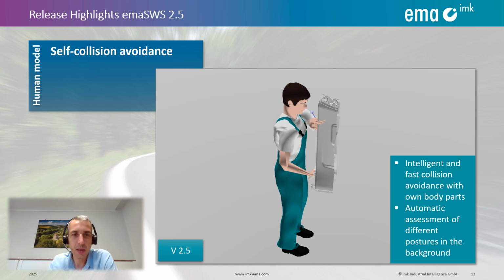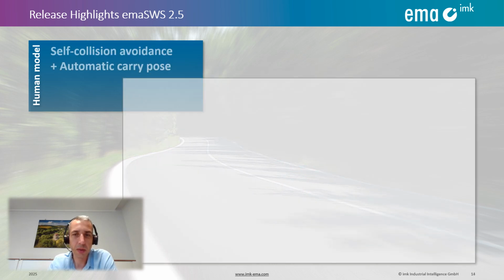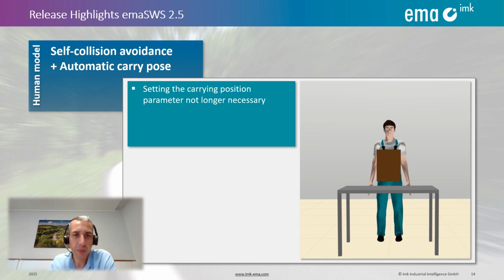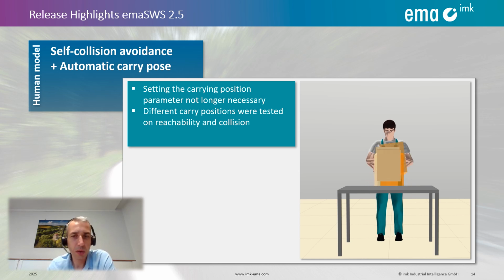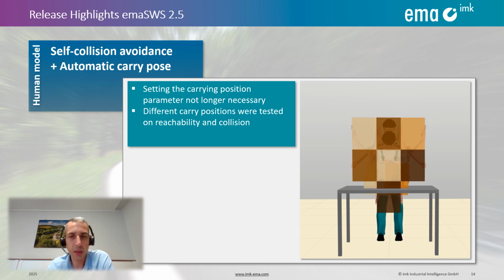This leads us to an ability. Now, maybe you know it, the carrying position parameter is actually a parameter which you have to set. Now we are able to try different carrying positions in the background. This is only an illustration for that.